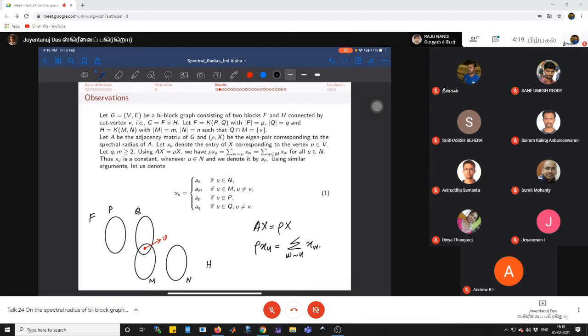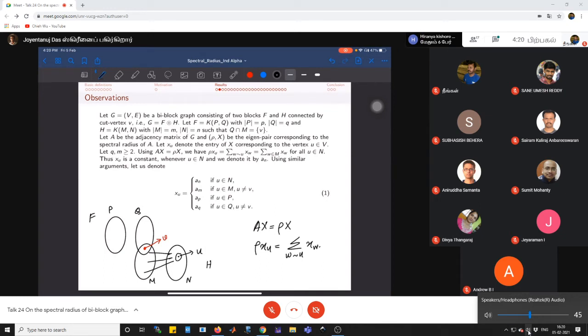For example, if u belongs to N, then u is only adjacent to the partition N, so this will be the summation over all vertices w in N of X_w.